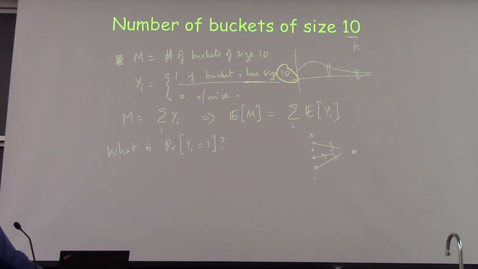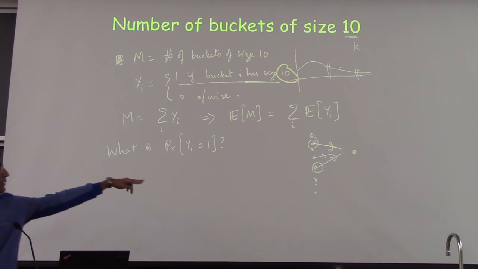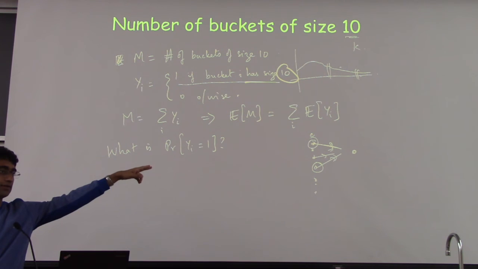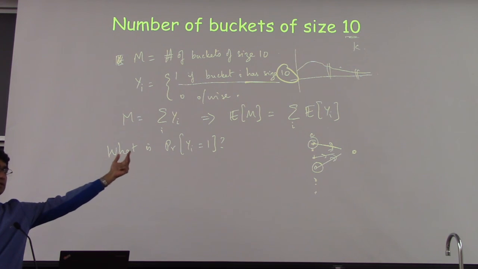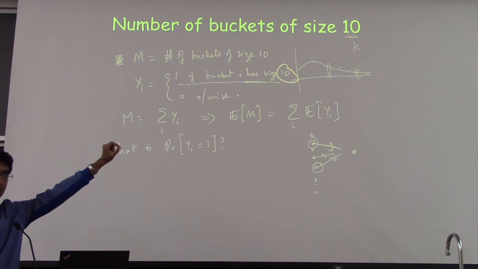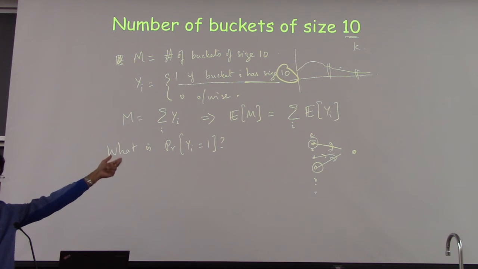Instead of 10, if I had 2, what would it be? 1 by n squared, if I picked 2 different things and asked what's the likelihood that these guys go here. I'm not saying anything about the other guys. What if somebody else also went to that? Then it would not be 2, it would be 3. So you've got to say that these 2 go to the bin, and nobody else goes to the bin.